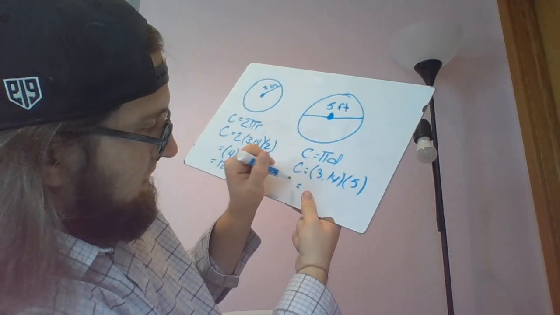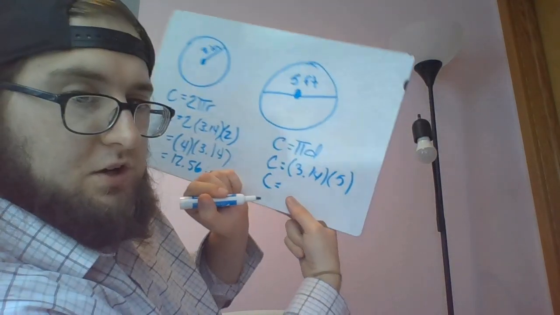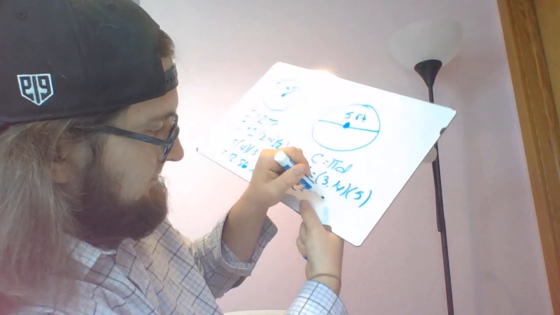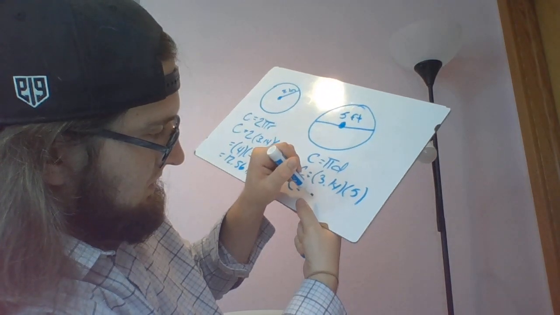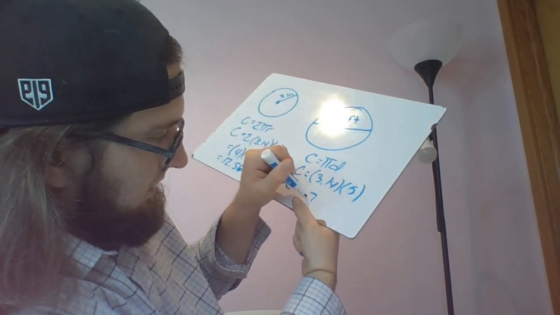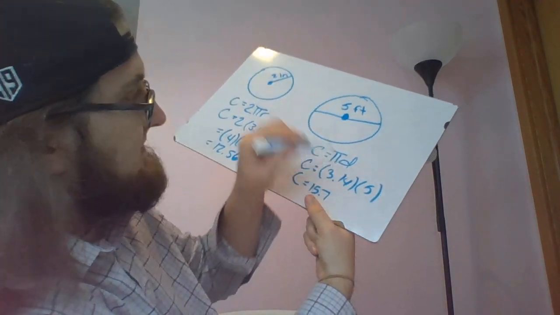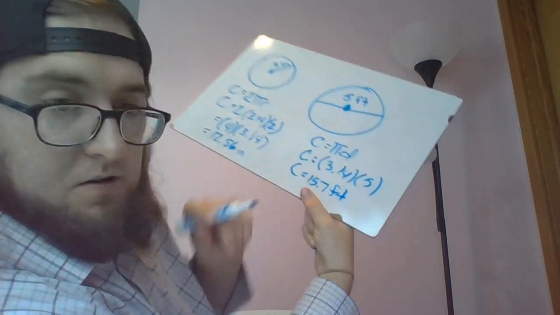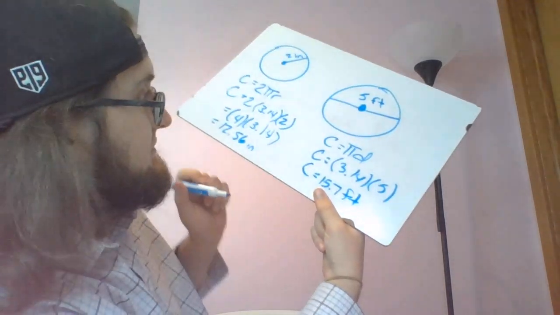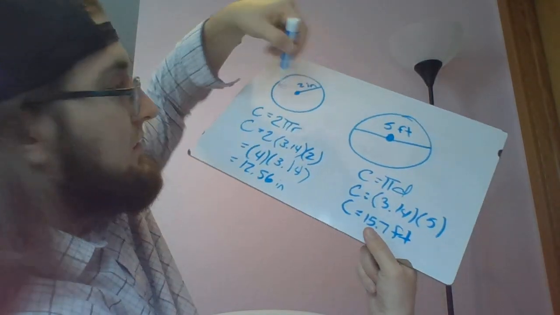So then we just do some quick math. You can use your calculators. Okay. 15.7 feet. So that's how big it is around the circle. Both of these are how big it is around the circle. Okay, so the circumference is pretty simple.